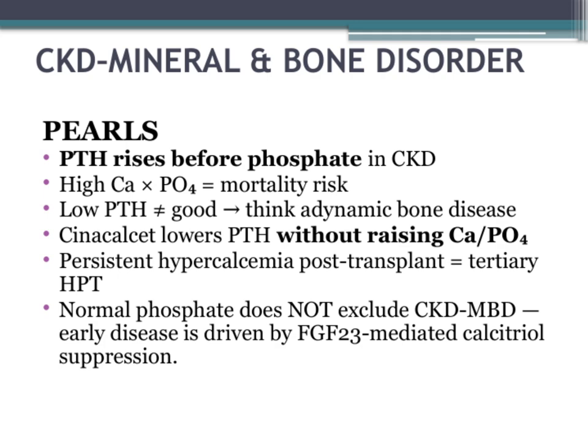Lastly, even if phosphate levels are normal, we can't rule out CKD-MBD. Early disease is often driven by elevated FGF23, which suppresses calcitriol production, leading to subtle but important mineral disturbances. Understanding these key points helps us better manage mineral and bone disorders in CKD, ultimately improving patient outcomes.